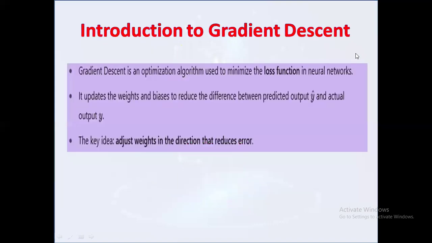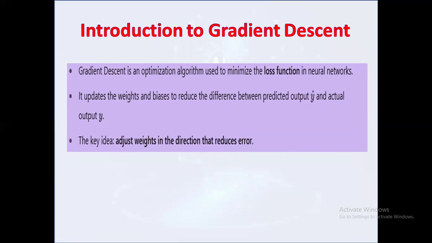First, introduction to gradient descent. Gradient descent is a fundamental optimization algorithm used to train neural networks. It operates by adjusting the model parameters, namely weights and biases, so that the model prediction becomes more accurate.